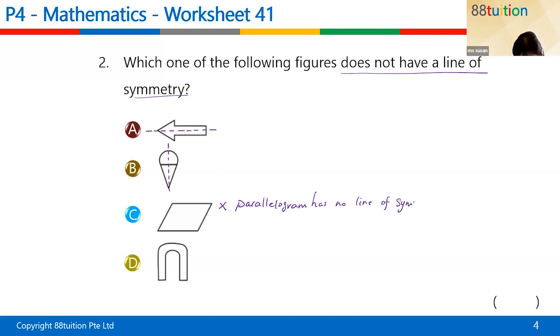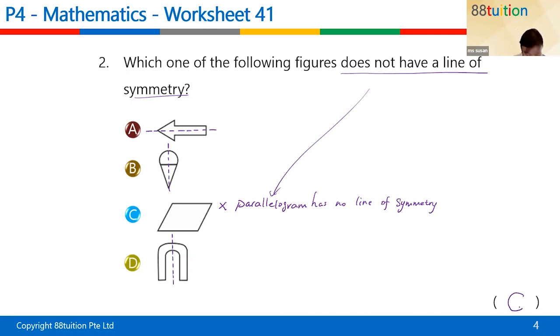Very important. Then D, you have this one. Here also, there's one line of symmetry. So the one that does not have a line of symmetry is the parallelogram, which is C.